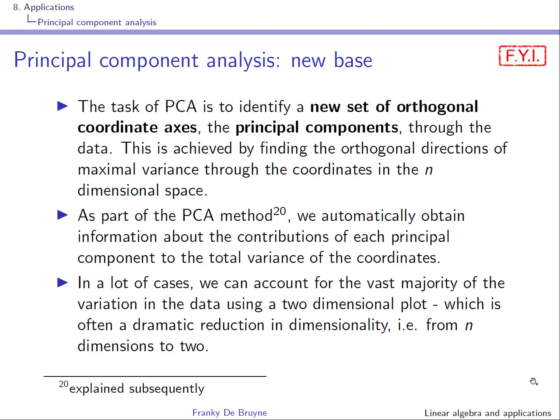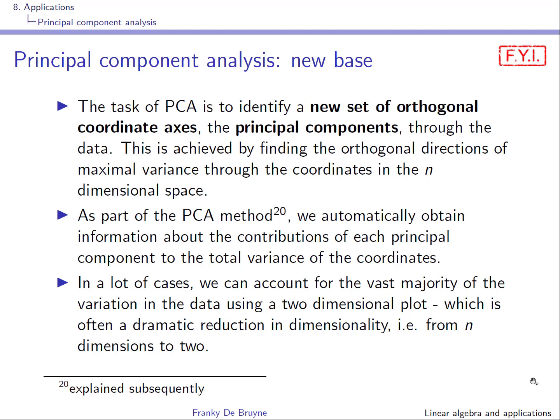So let's assume that we are in a 3-dimensional space and that the data points look like a rugby ball. What we would use as a set of orthogonal coordinate axes would be the principal components associated with this ellipsoid. You can do this in any n-dimensional space.